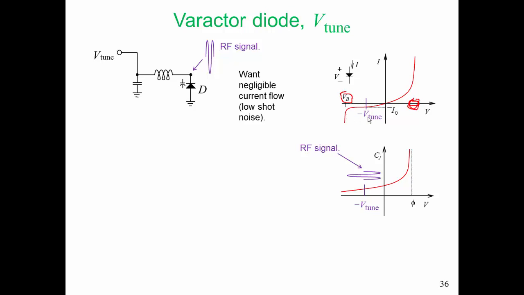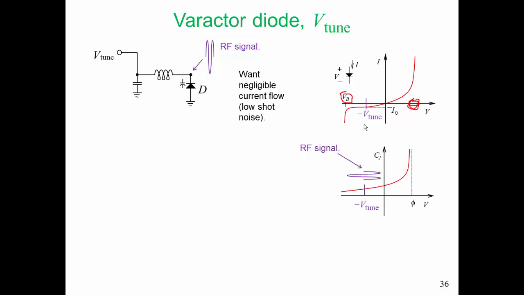Between VB and 0 volts, there is very little current flowing, typically of the order of picoamps, and we could potentially go over into this region. So this IV curve exaggerates really what is going on, so that we can see what is happening.